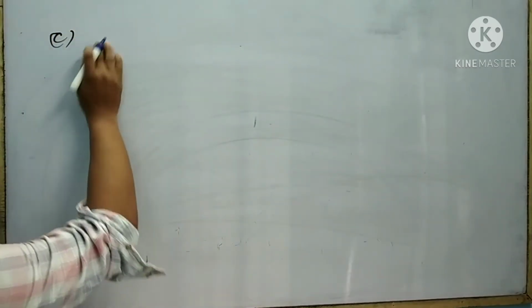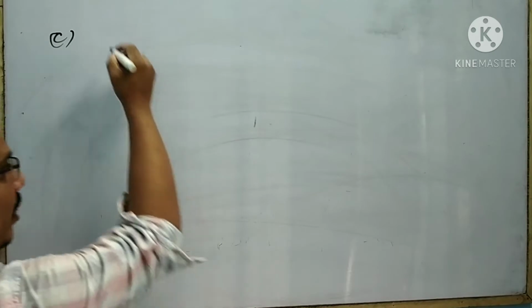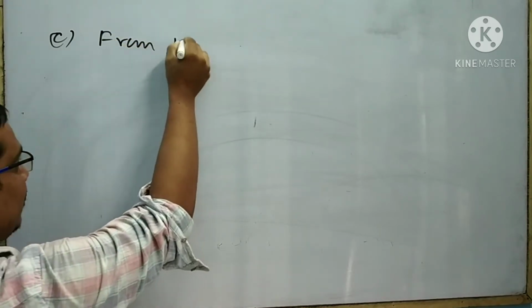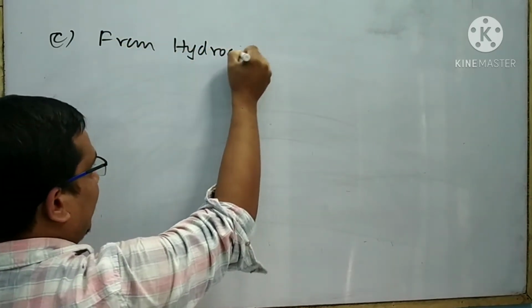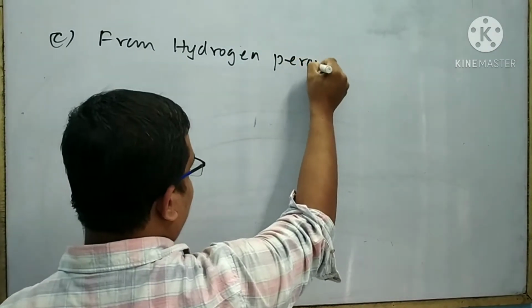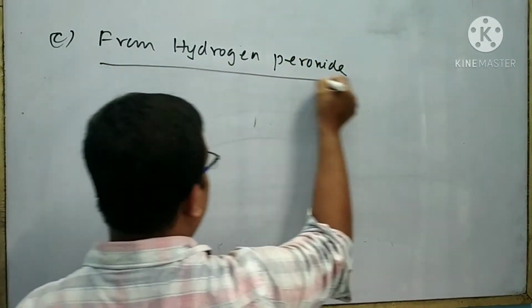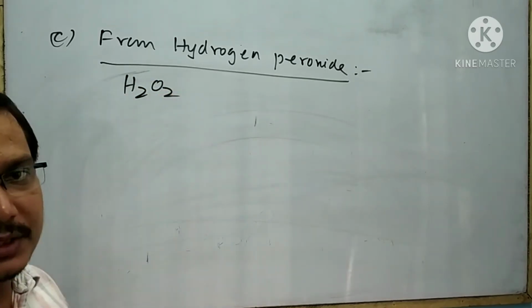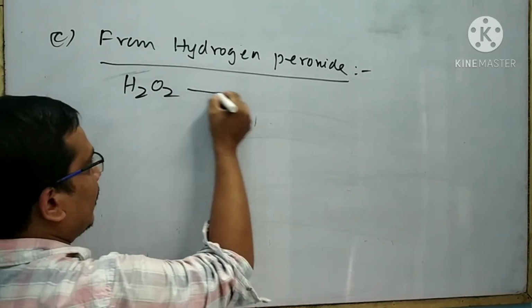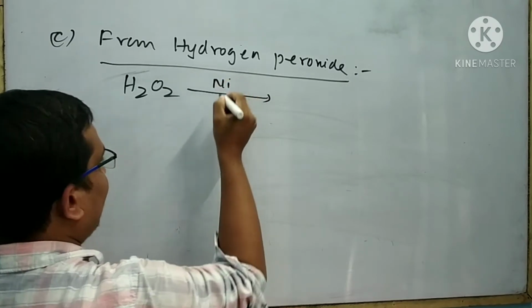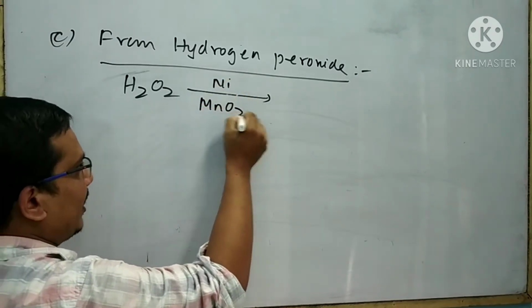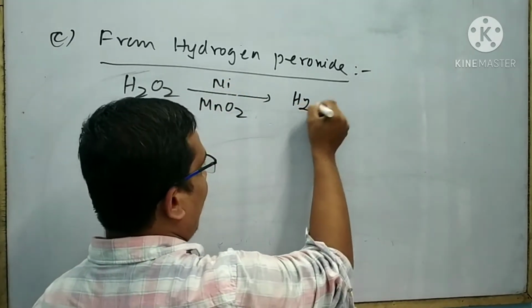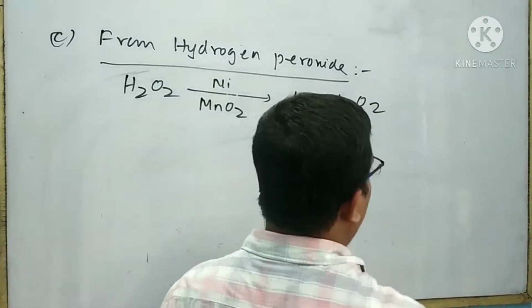The next laboratory method of preparation is from hydrogen peroxide. When hydrogen peroxide is heated in the presence of nickel and manganese dioxide, water and dioxygen are formed.